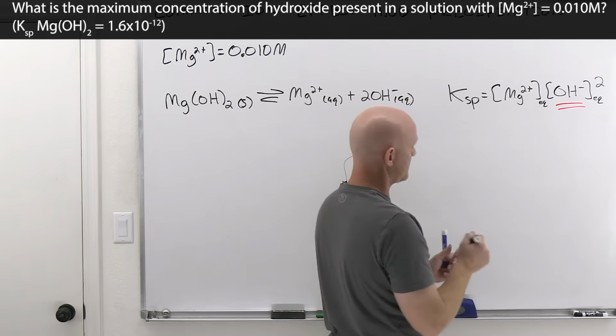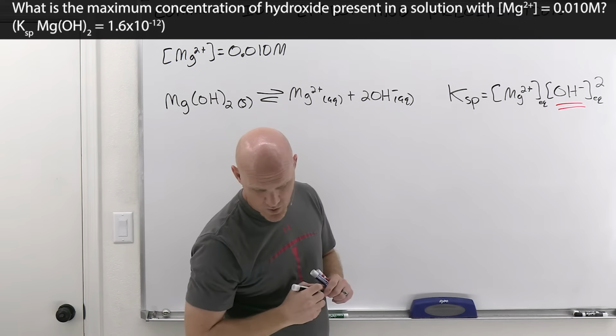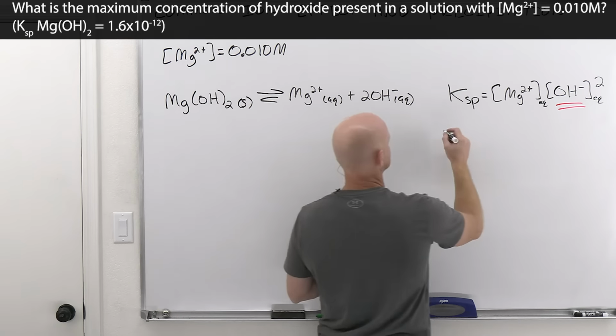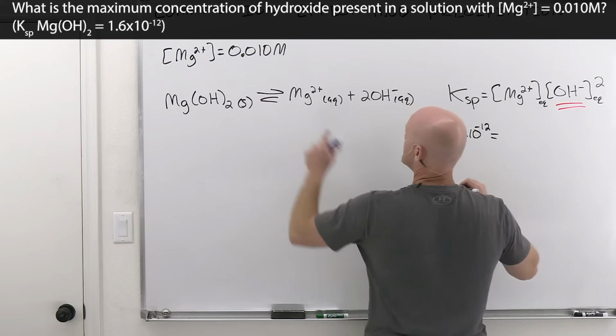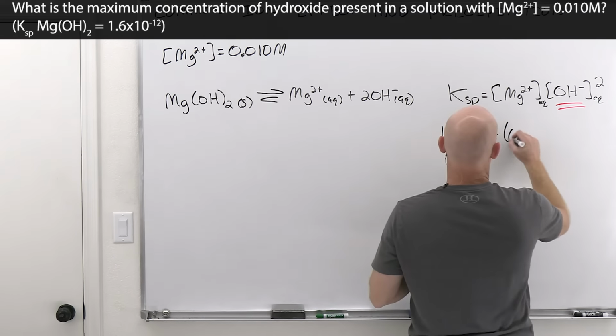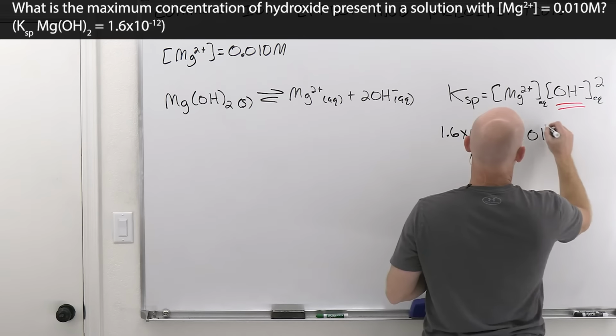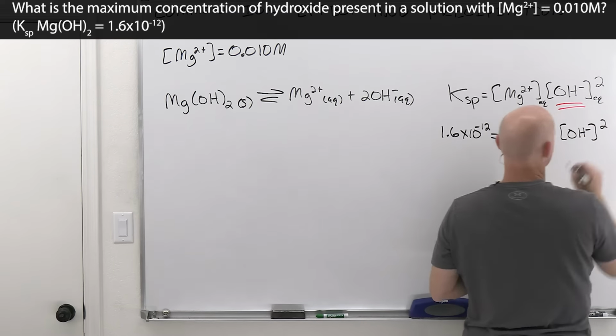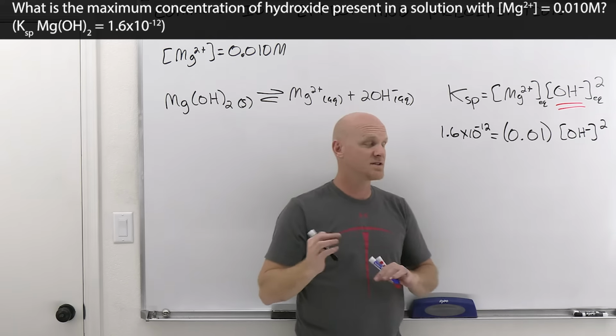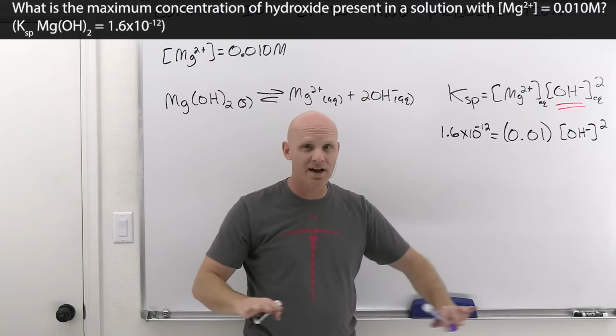In this case, we're given the Ksp, and once again, it's 1.6 times 10 to the negative 12. We're given a magnesium concentration of 0.01 molar, and then we're just asked to solve for the hydroxide concentration and go from there. I didn't have to substitute any x's in or anything like this.